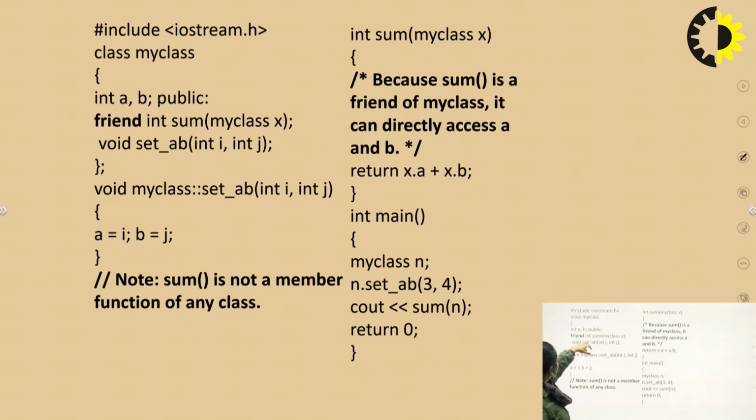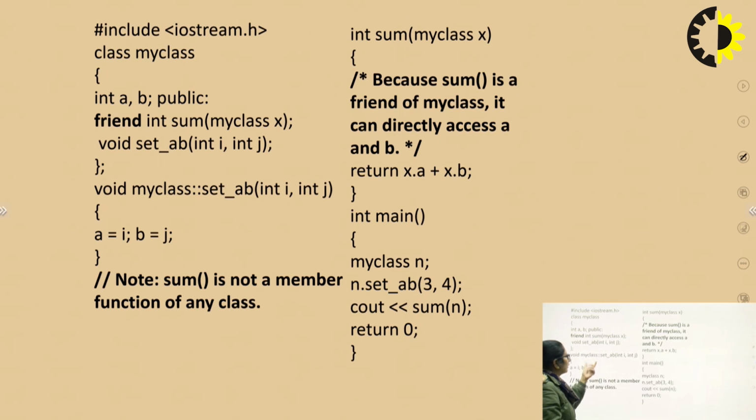Now note that this sum is not a member function of the class, it is a friend function. So there is no need to write the scope resolution. It is a normal function. As in a normal function, we declare it and we can define it later on. So here we have declared that this function will become the friend of that class, and outside of the class we are defining it, but the condition is we are not writing the class name with the scope resolution here.